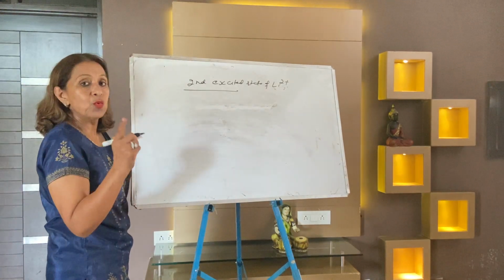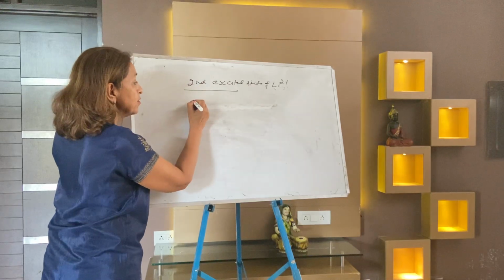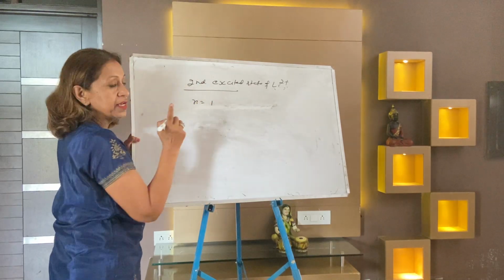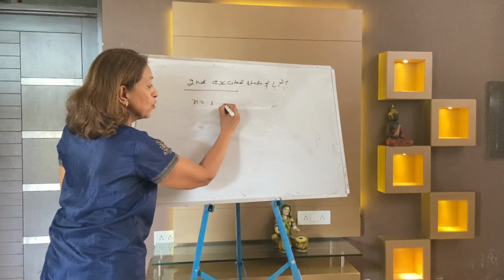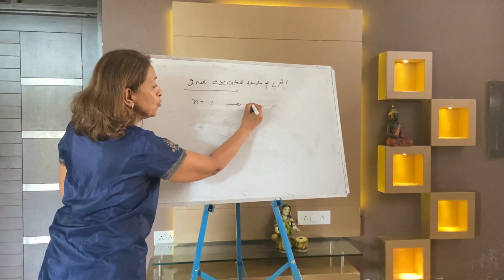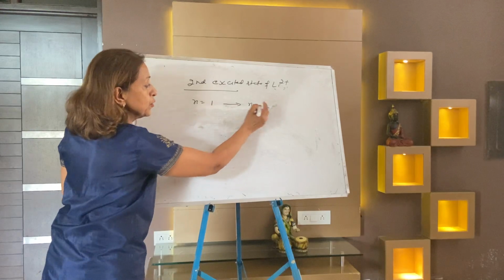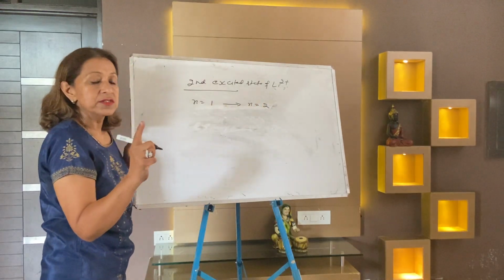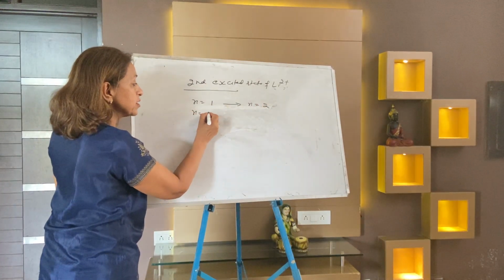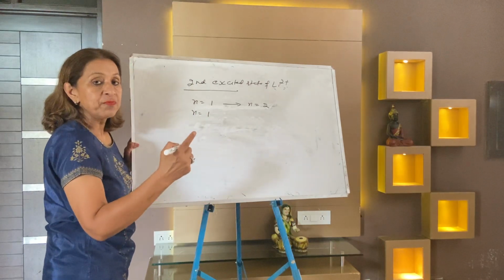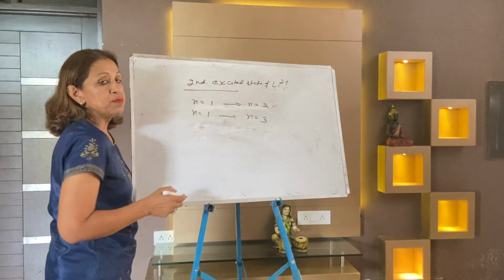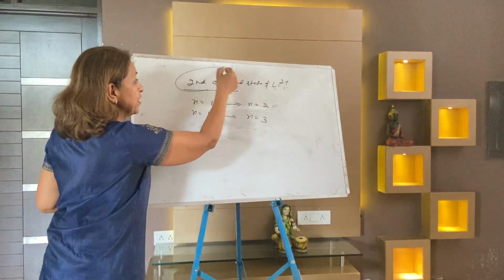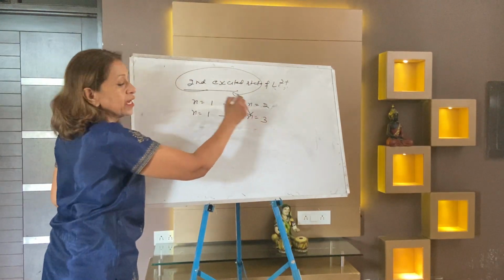You know, I told you at the very start that N equal to 1 is the ground state. The first excited state is when the electron moves from N equal to 1 to N equal to 2. The second excited state is when the electron moves from N equal to 1 to N equal to 3. That means you have to find the radius of the third shell.